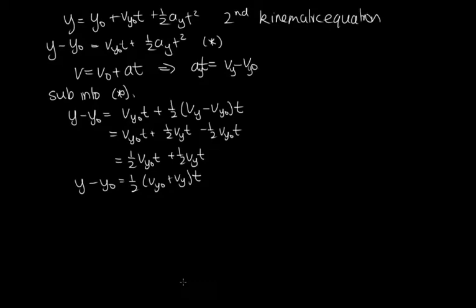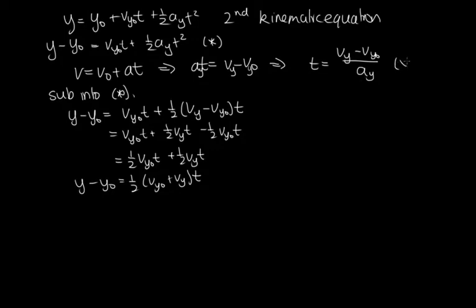Now we need to rearrange the first kinematic equation again so that we have that time is equal to vy minus vy naught on ay. So we can replace the time in this expression with the time from up there.